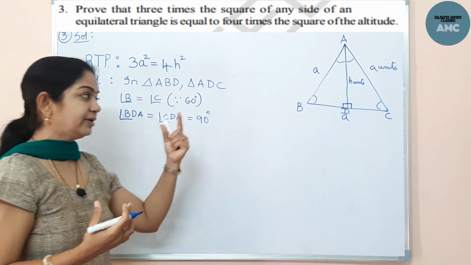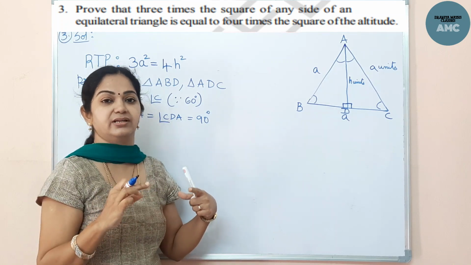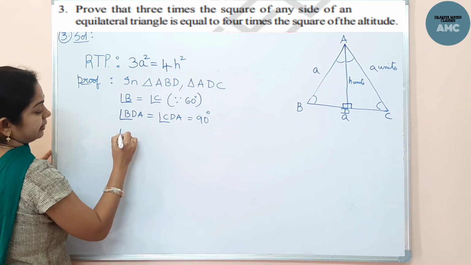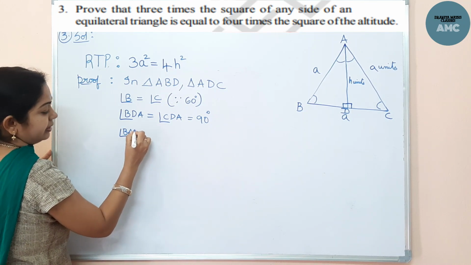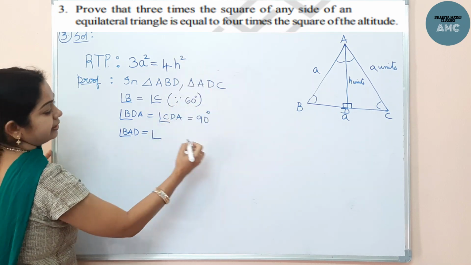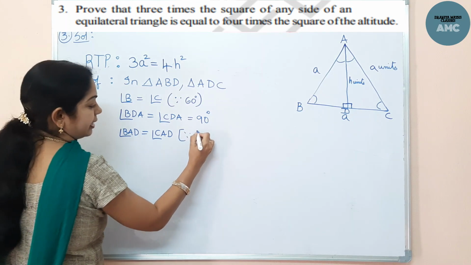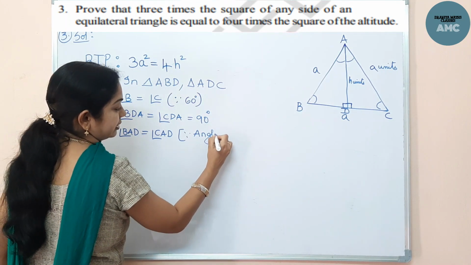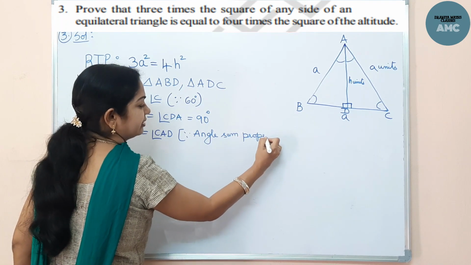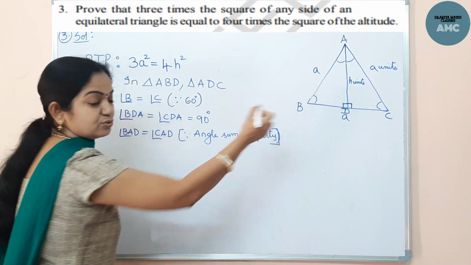When two angles are equal, the third angle is naturally equal because the sum of the angles of a triangle is 180. Angle BAD is equal to angle CAD, since angle sum property of a triangle. So all the three angles for these two triangles are equal.